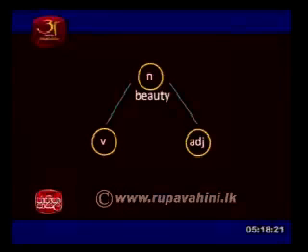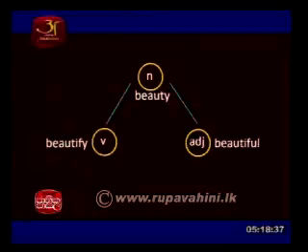Right? Okay. Andrea, can you form a verb out of this word beauty? Beautify. Beautify. Lasana karanava, alankara karanava. Then adjective? Beautiful. Beautiful. See, by adding this ful, we have the suffix ful and you have formed an adjective.